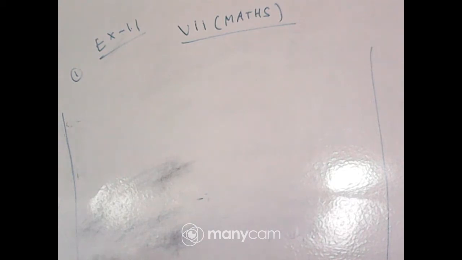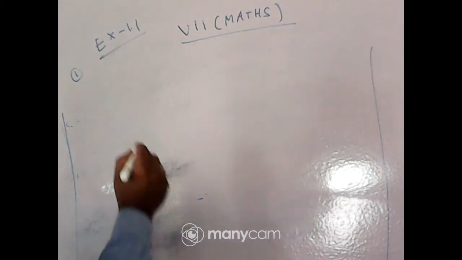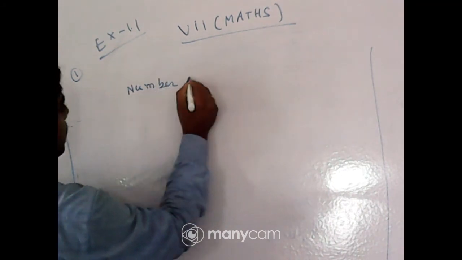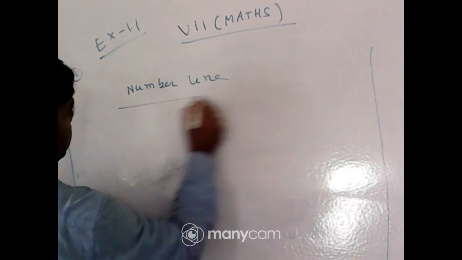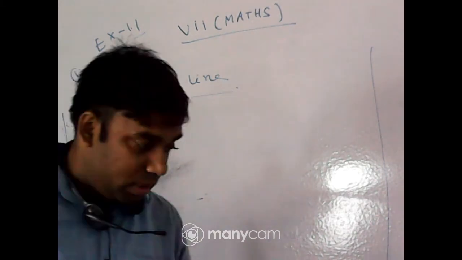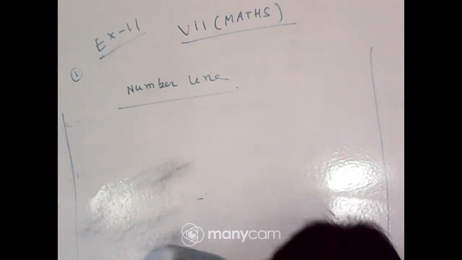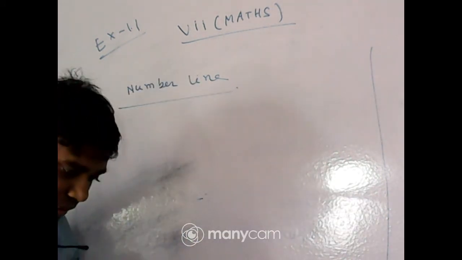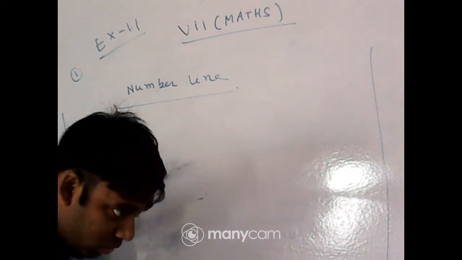Okay, first of all, students, if I asked you what is number line, anyone can say what is number line? Number line means, okay, I want to check your statement.